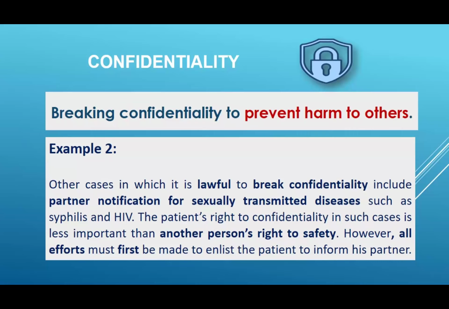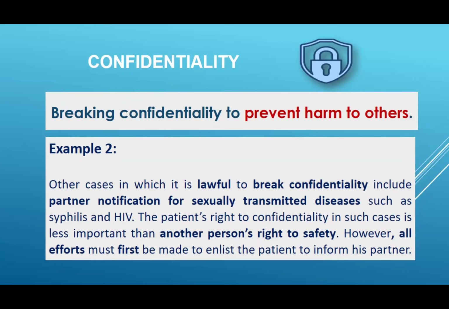However, all efforts must first be made to enlist the patient to inform his partner. In this case, if you have a patient who has HIV and he refuses to tell his partner, you must encourage him, okay, to tell his partner.